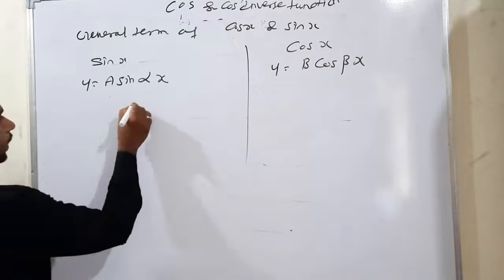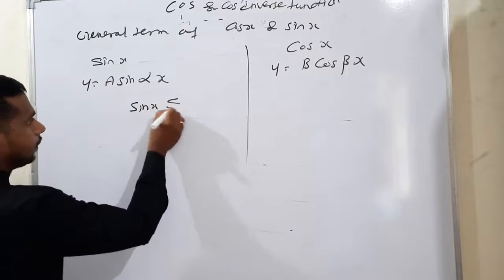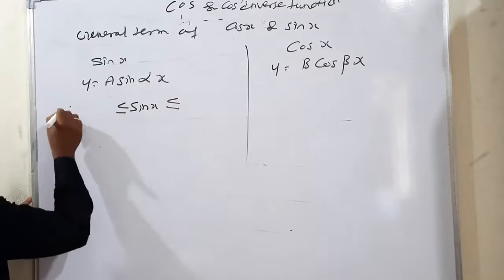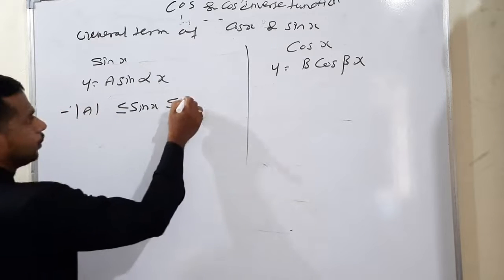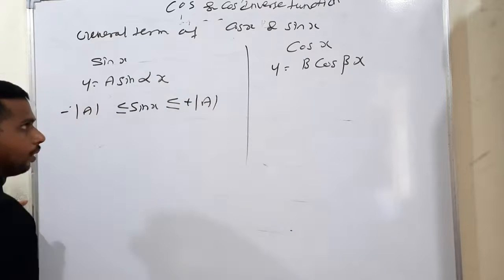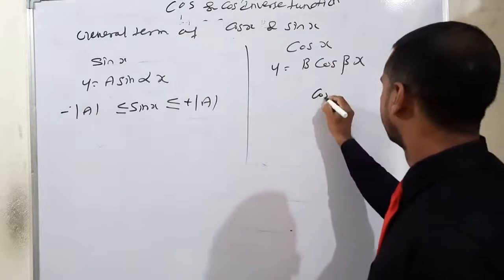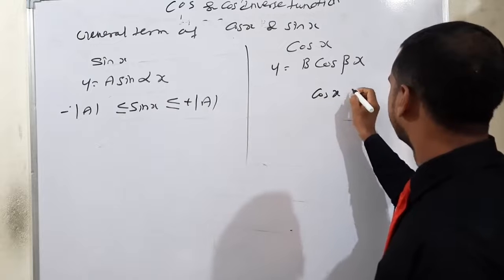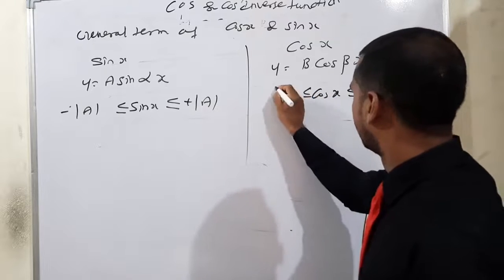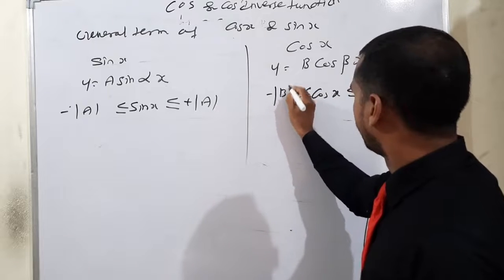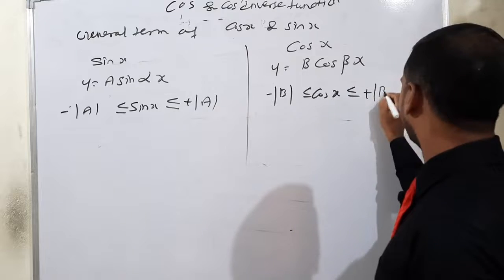What is the range of sin x? Negative modulus alpha to positive modulus alpha. And the cos x: negative modulus b to positive modulus b.